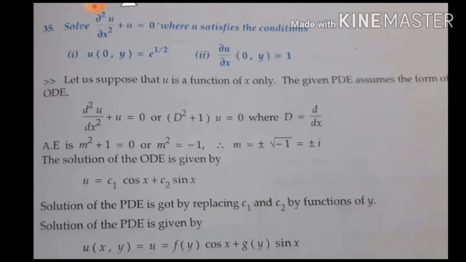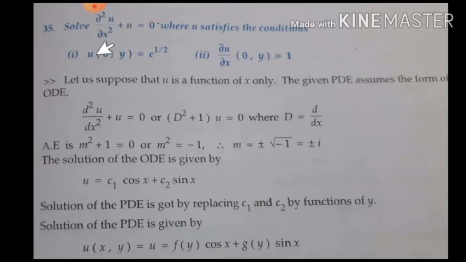Along with that, the derivative occurred of u with respect to only one independent variable. Hence, this PDE can be easily converted into an ODE, an ordinary differential equation, by assuming u is a function of only x.